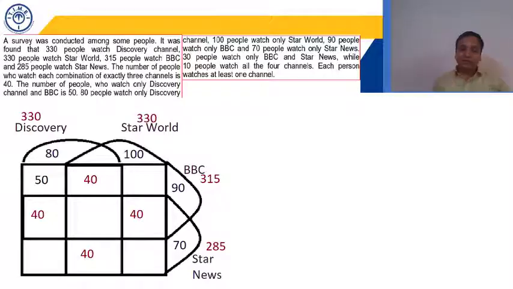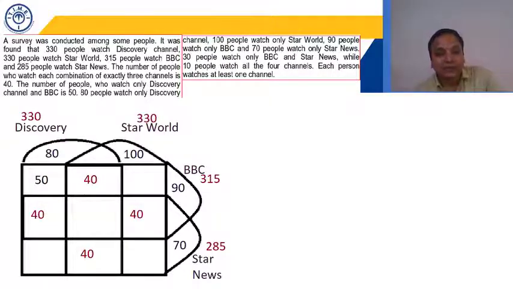I'm repeating it once again just to explain the concepts. Just now we filled the 4 entries exactly 1, and all 4 40s we filled exactly 3. And 50, the reason we mark 50 is exactly two, Discovery and BBC.